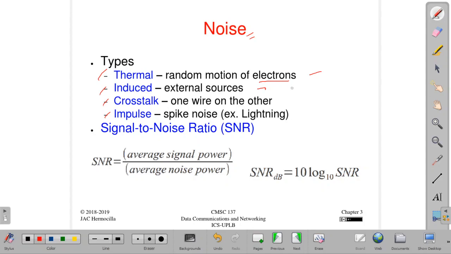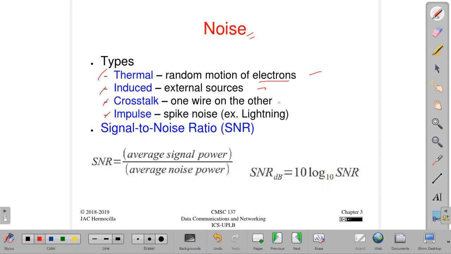Example, refrigerators or ovens or other home appliances that are electric appliances. They sometimes produce signals that can affect the signals traveling on a communication link.